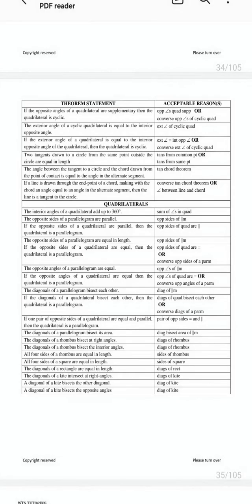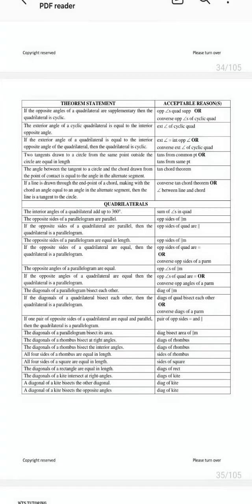Please don't mind the theorem statements that are above quadrilaterals. Where quadrilaterals start is what we are focusing on as grade 10s. What is above does not have anything to do with the grade 10 syllabus. It has to do with the grade 11 syllabus. So don't mind the rows above quadrilaterals. Look at the rows below quadrilaterals.